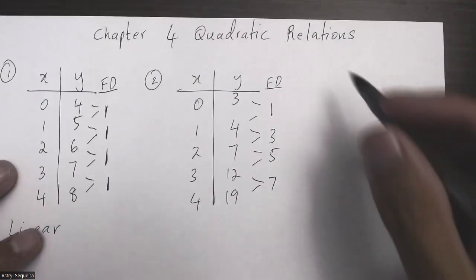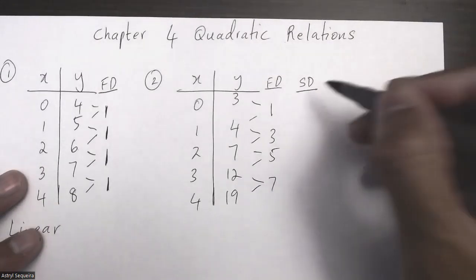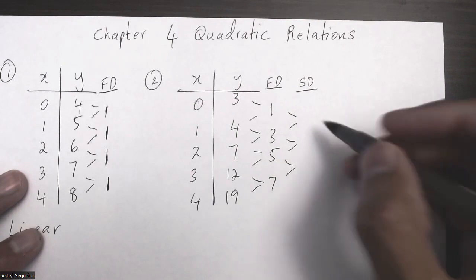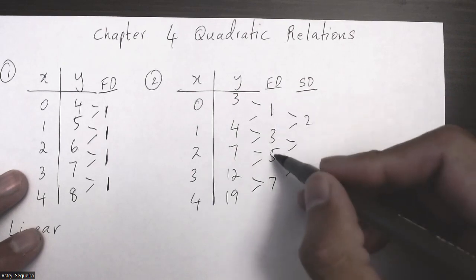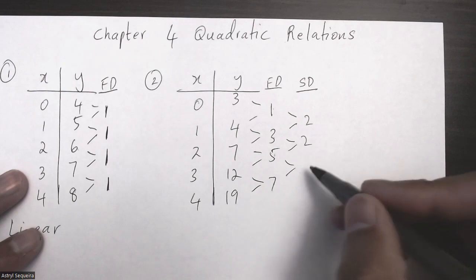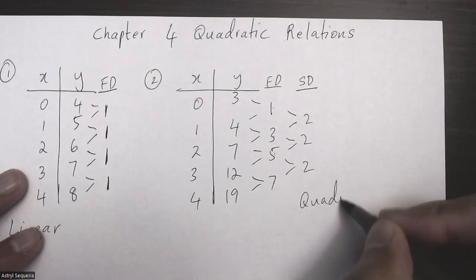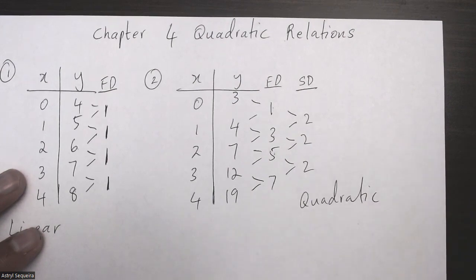So if your first differences are not the same, you go to your second differences, which is basically doing the same thing on the first difference column. So 3 minus 1 is 2, 5 minus 3 is 2, 7 minus 5 is 2. If your second differences are all the same, the equation is quadratic.